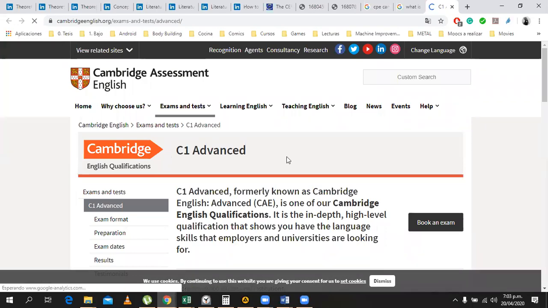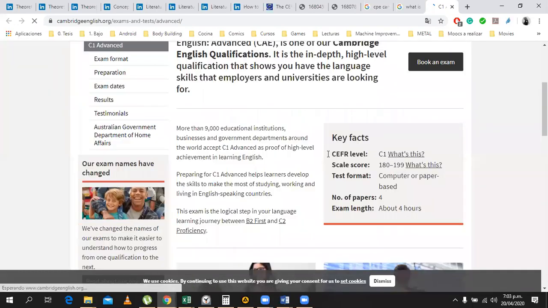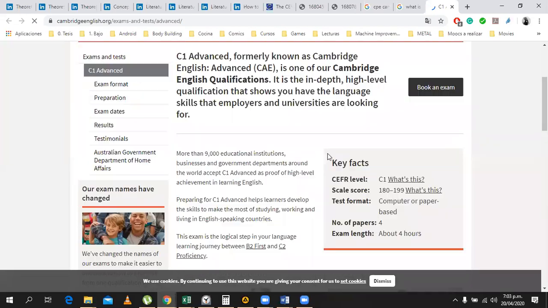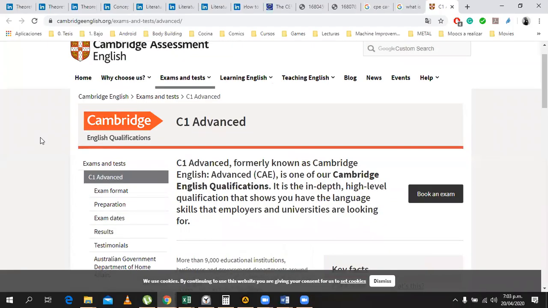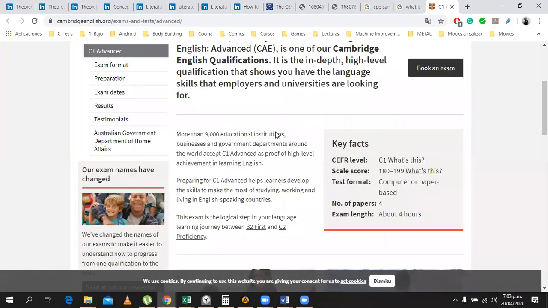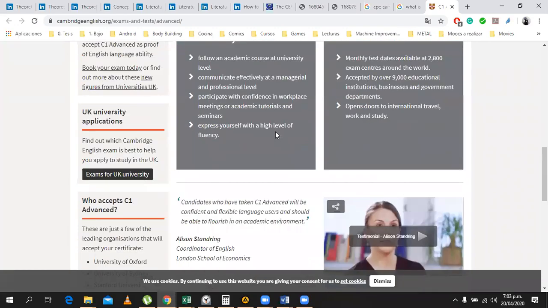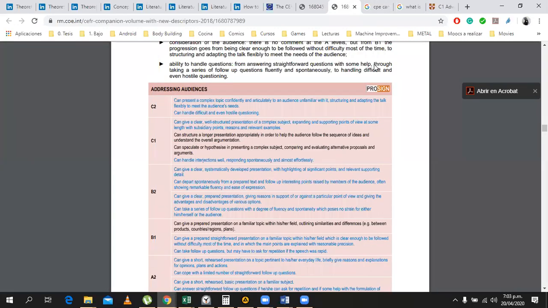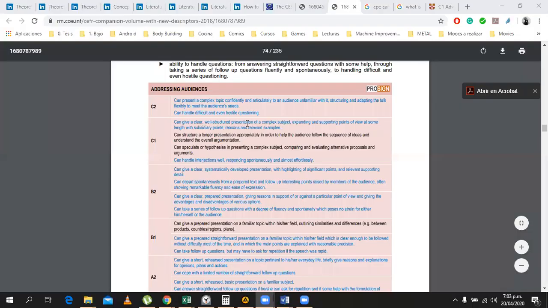Aha. Now we have right here what the C1 level is, right? And what to take into account. But right here it is going to show you just the exam as it is. But the rest of the information can be found inside the Common European Framework of References book.